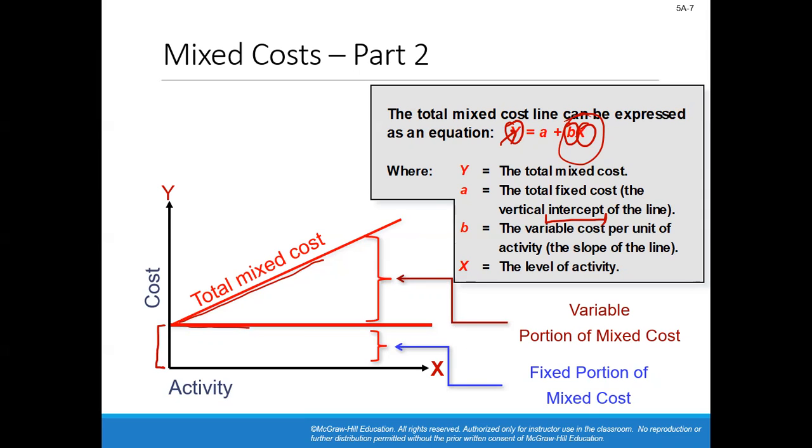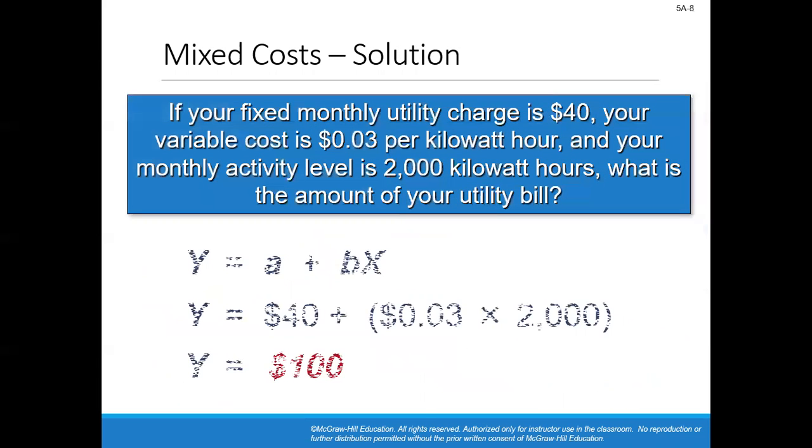So before applying that, we would like to use the equation what we have drawn here or what we have understood here for this case, like the utility charge. If your fixed monthly utility charge is $40, it indicates the intercept.